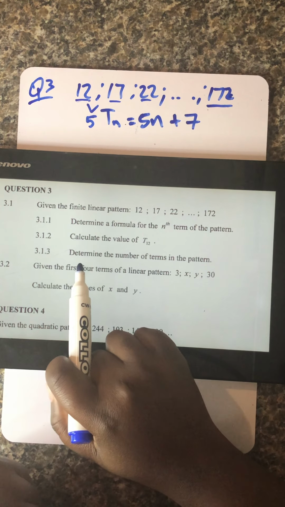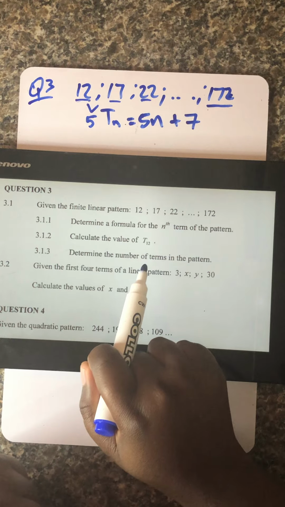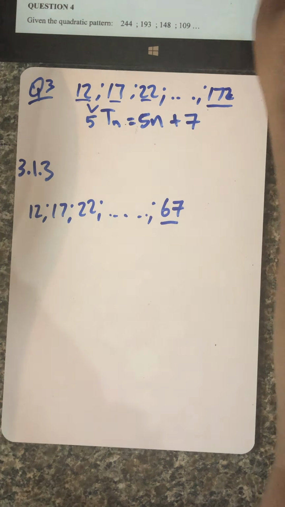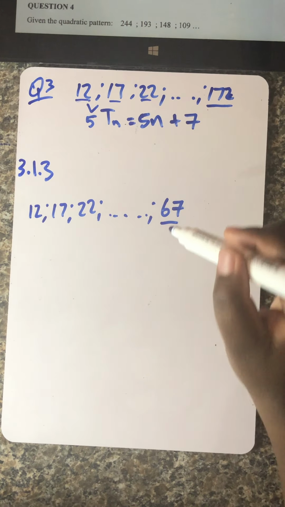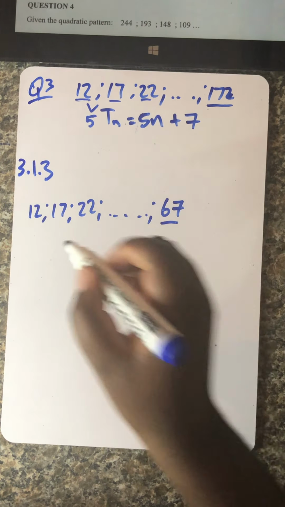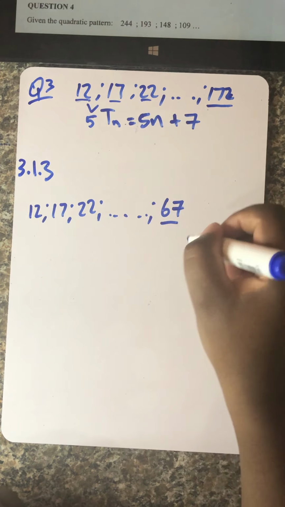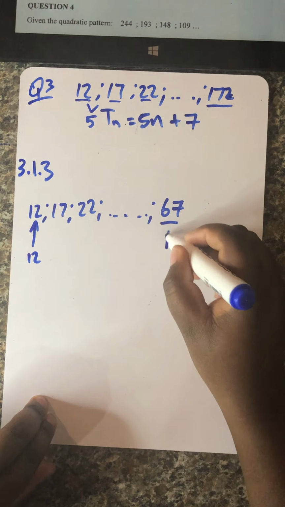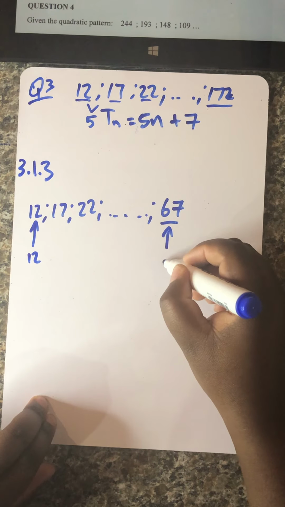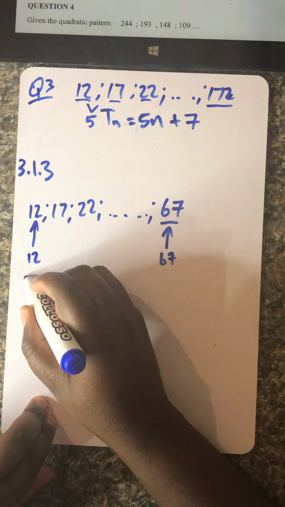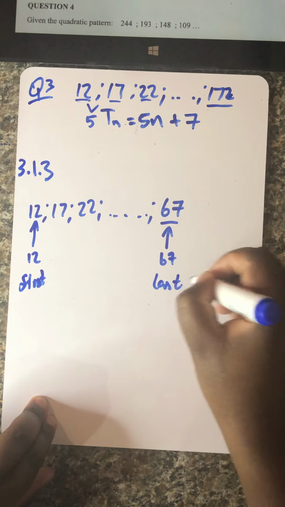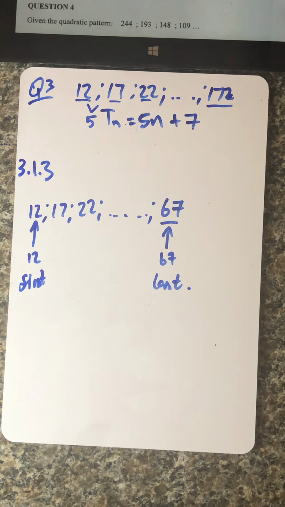So if the question says determine the number of the terms in the pattern that I've just given to you, what they want you to tell is how many terms you have where the first term is 12 and the last term is 67. This is the first term and this is the last term. Very, very much important, guys.